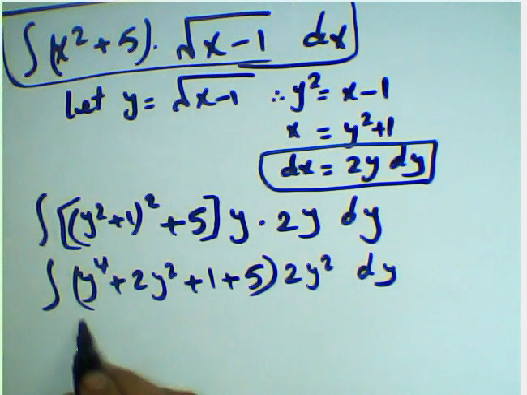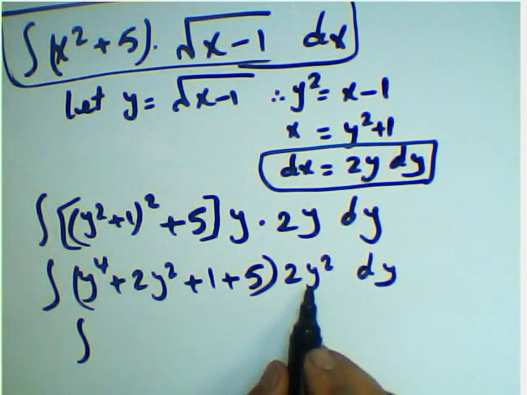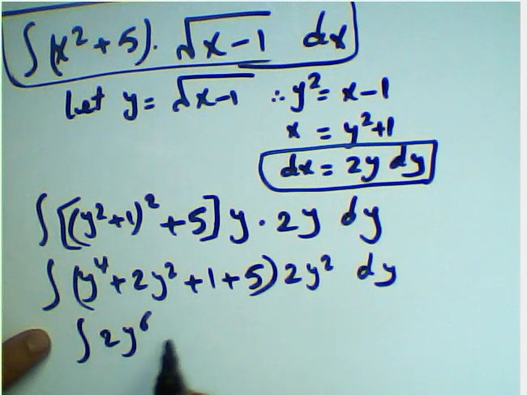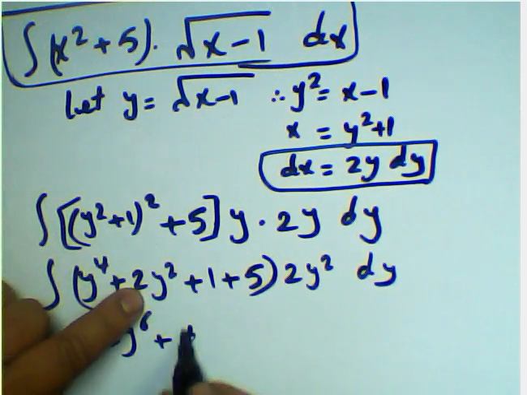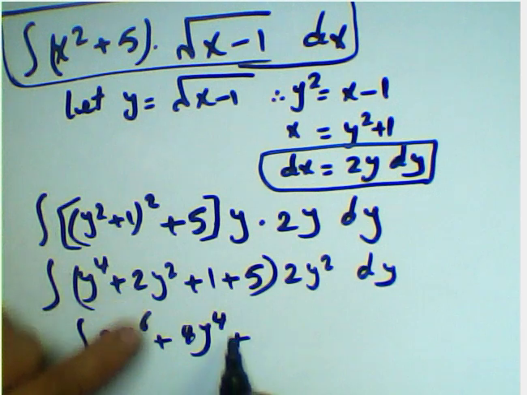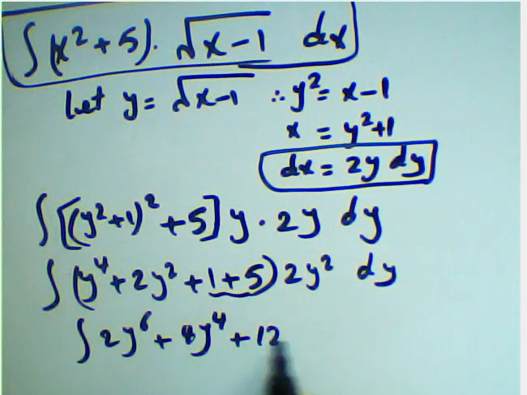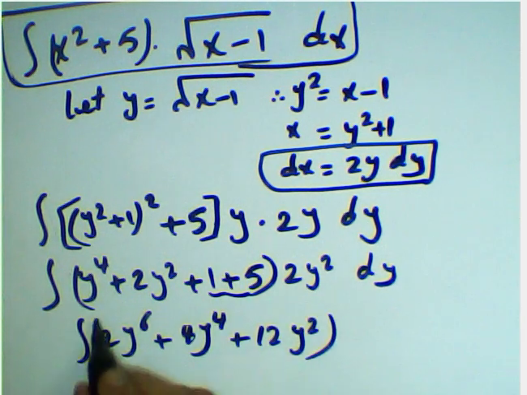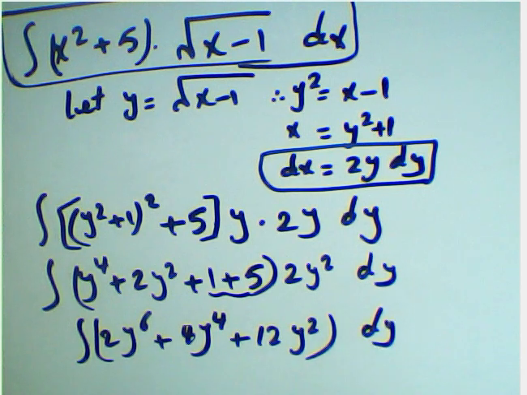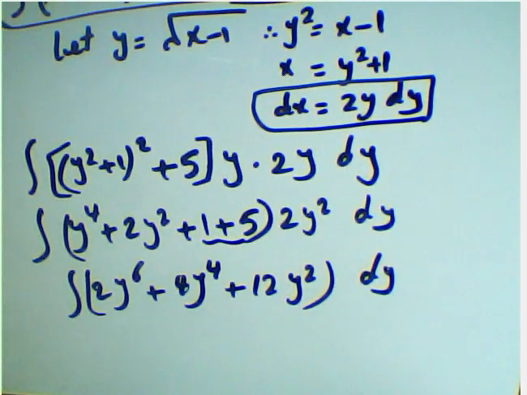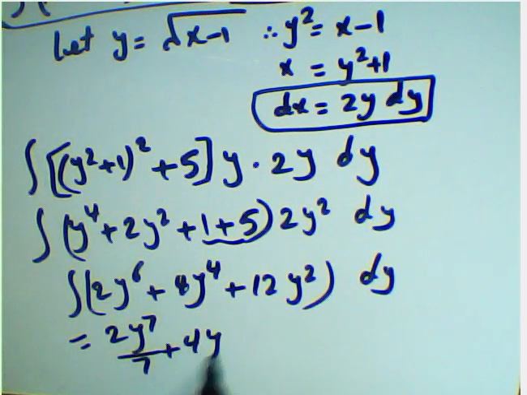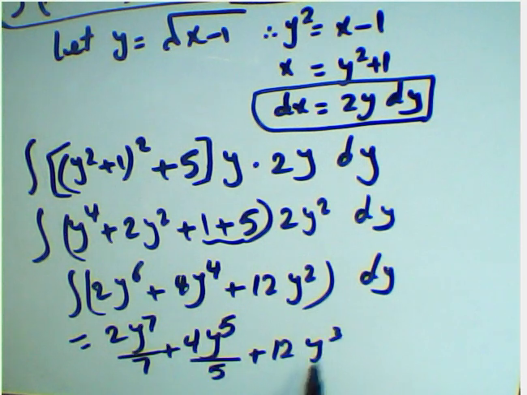Okay, integration: 2y power 6 plus 4y power 4 plus 6 times 2 equal 12y power 2 dy. Add 1 to the power and divide by the new power. Here it will be 2y power 7 divided by 7 plus 4y power 5 divided by 5 plus 12y power 3 divided by 3 plus constant.